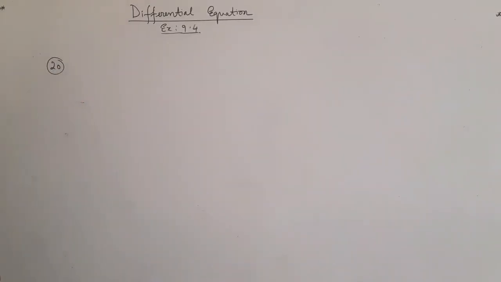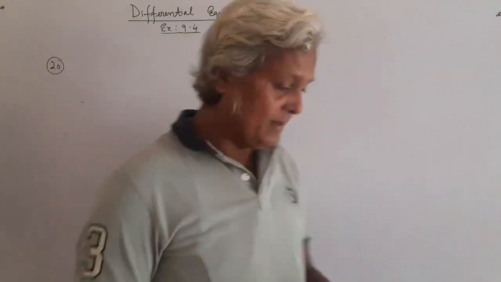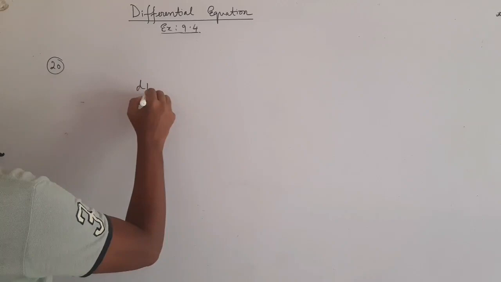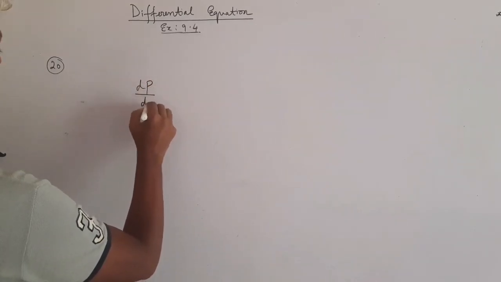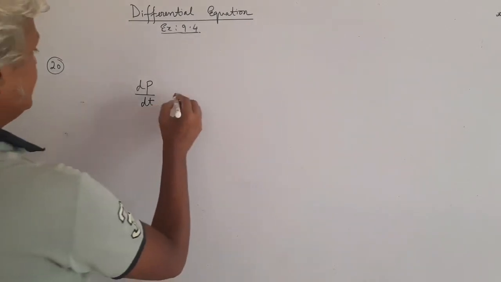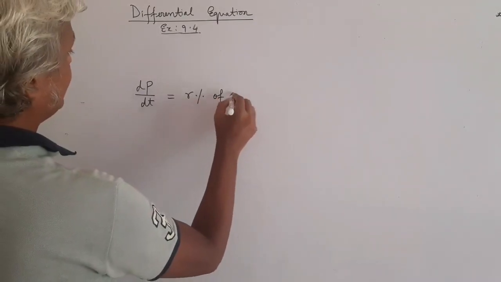Now question number 20. Question number 20 says that in a bank the principal increases continuously at the rate of r% per annum. Means principal increases, so we write dP by dt, where P stands for principal, and it increases by r% of itself.